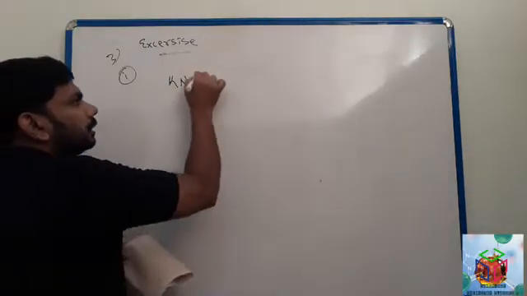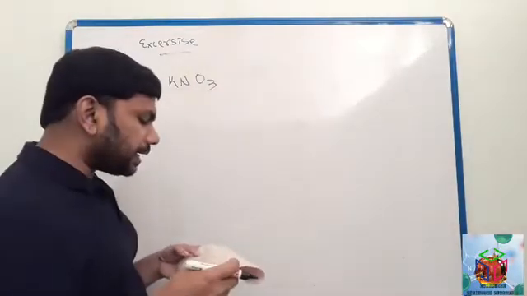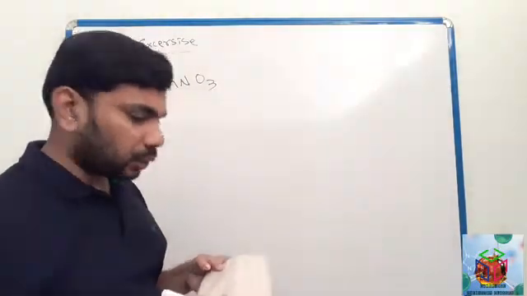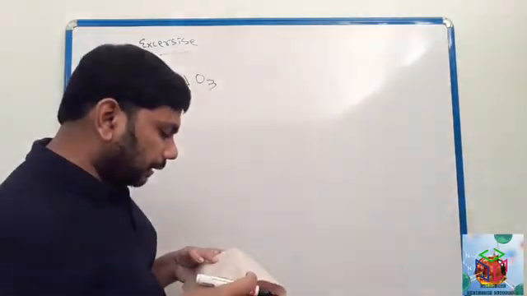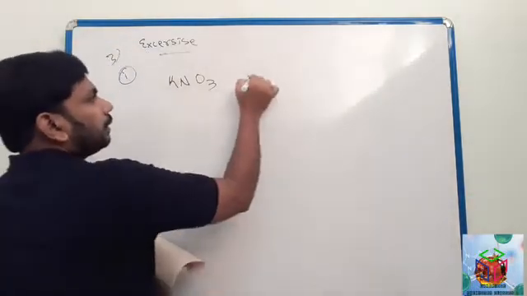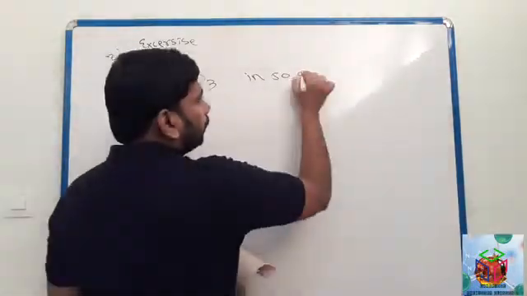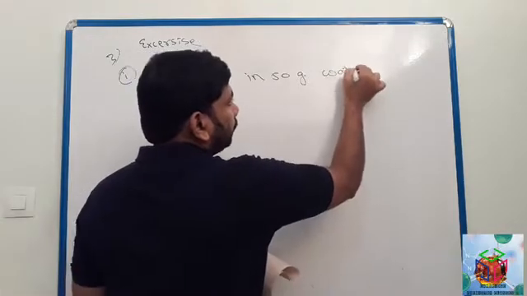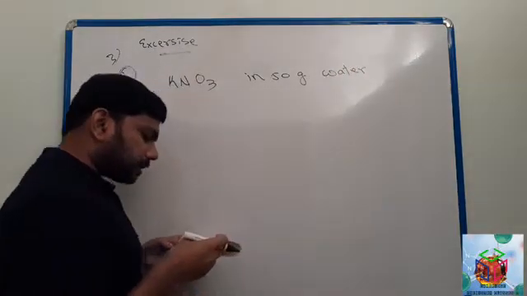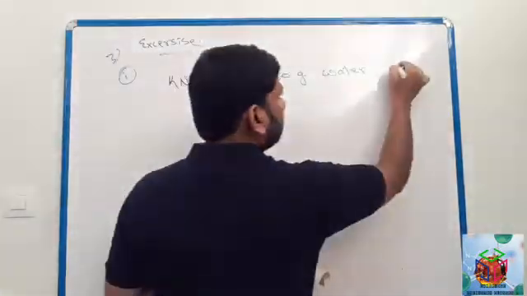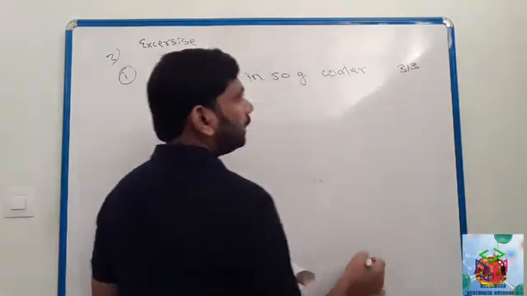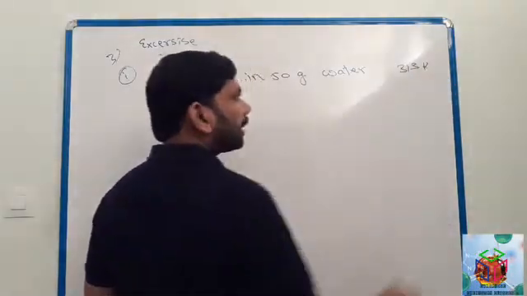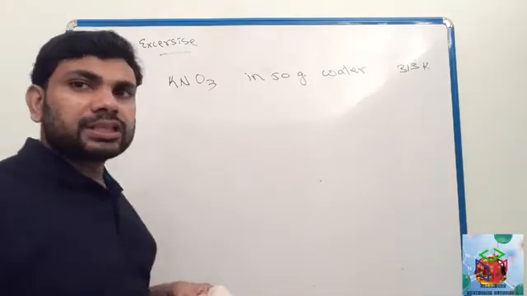Okay, so here the question is saying we have to make a saturated solution of KNO3 in 50 gram of water. Also the temperature is given, 313 Kelvin. So you can check the table.